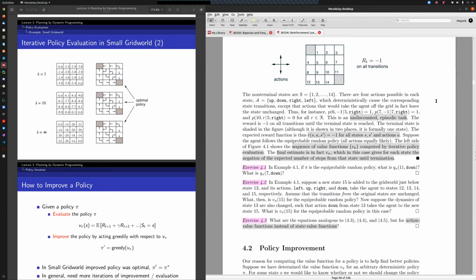For all actions we have reward -1, right? And the sum of the next states would be a quarter of -22, plus a quarter of -20, plus a quarter of -14, plus a quarter of its value itself.